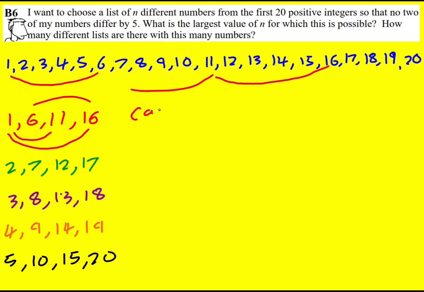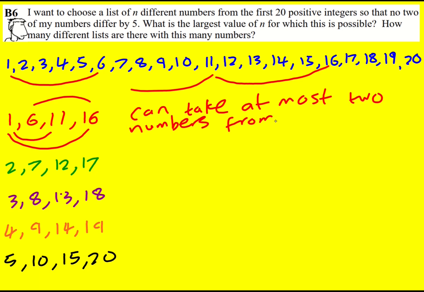So as I've said before, we can take at most 2 numbers from each list.